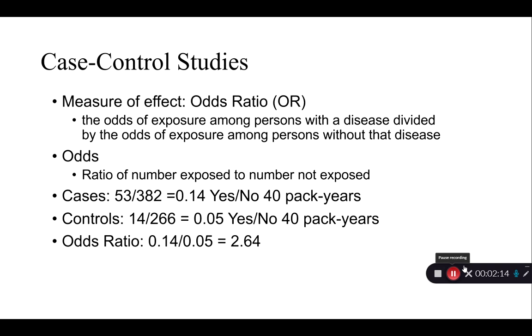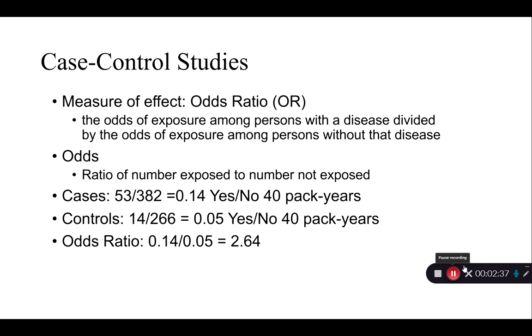Our ultimate measured effect is odds ratios or relative risk, which is the equivalent. The odds of exposure among persons with disease divided by the odds of exposure among persons without that disease. In this example, the cases had 53 people who developed AMD out of 382.